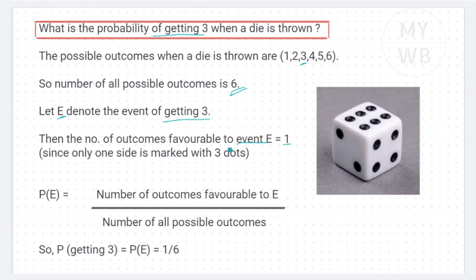So the number of favorable outcomes is only 1. The formula for probability is the number of outcomes favorable to the event divided by the number of all possible outcomes. This is 1, and all possible outcomes is 6. So the probability of getting 3 is 1 by 6.